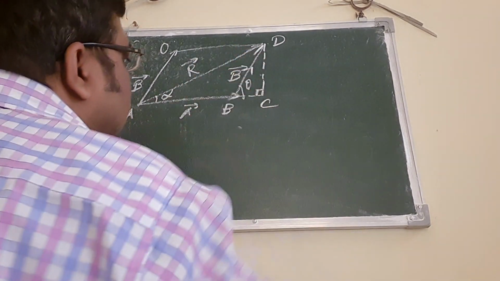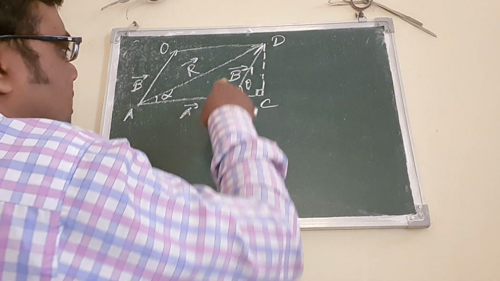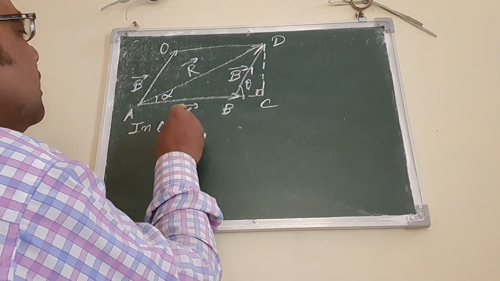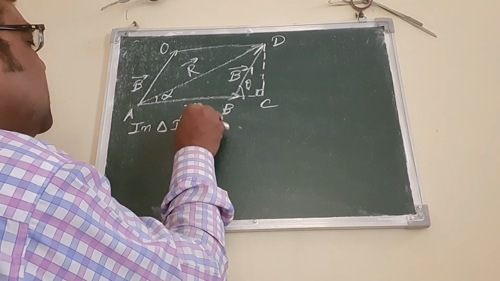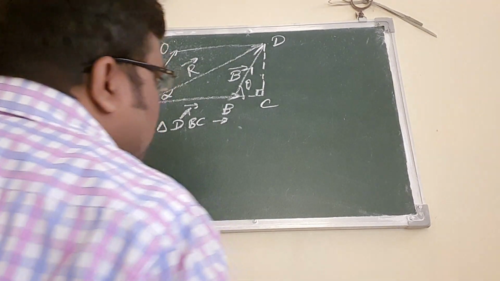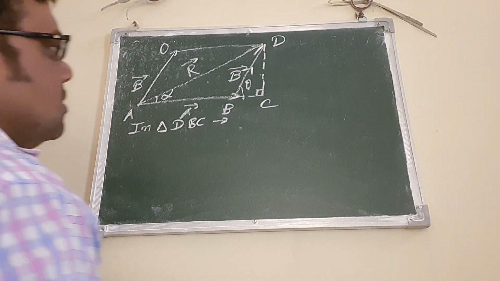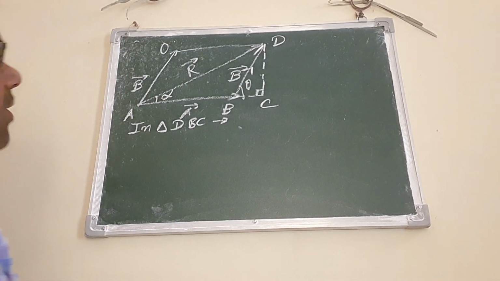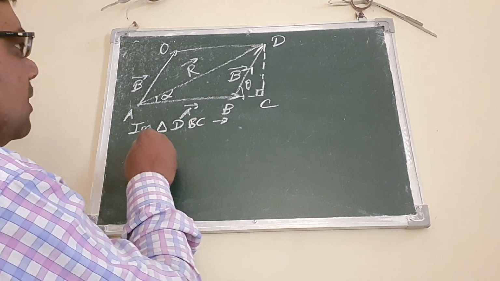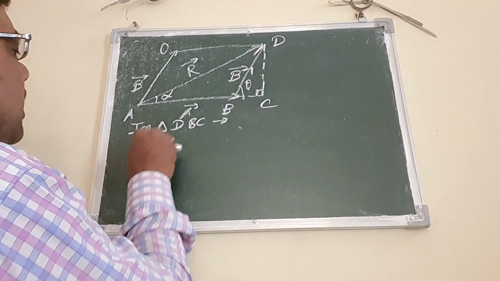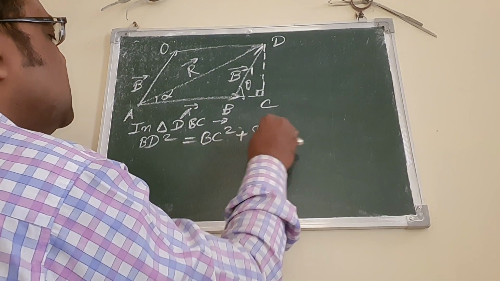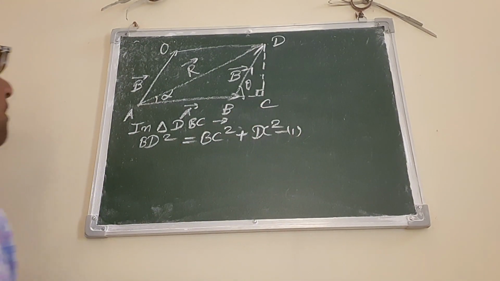So here in the smaller triangle, triangle BDC, applying the formulas, we can write BD square is equal to BC square plus DC square. This is our first equation.